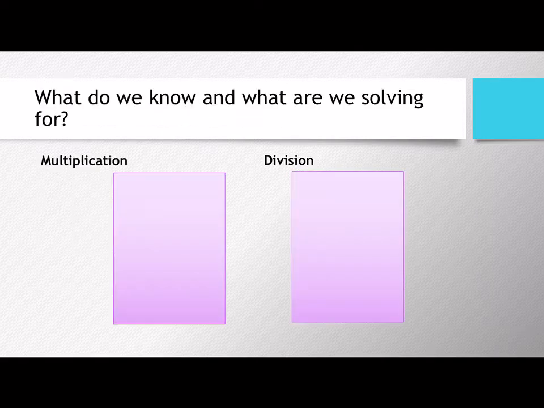So in this slide, we have a rectangle for the multiplication version and then the division version. The multiplication version gives us the 2 dimensions. This is 9 units, and this is 15 units here.